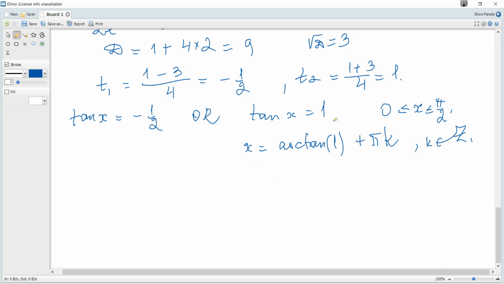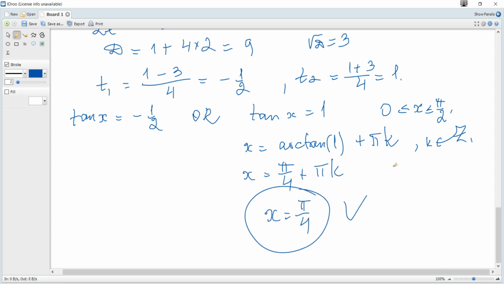And arctangent of 1 is pi over 4, so pi over 4 plus pi k is the general solution. And we can see that when k is 0, x is pi over 4, it's a solution. And when k is 1 or greater, x is not from the given region, so there are no solutions. And when k is negative, also x becomes negative, so no solutions.